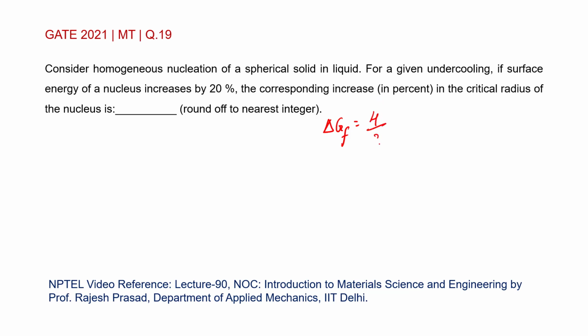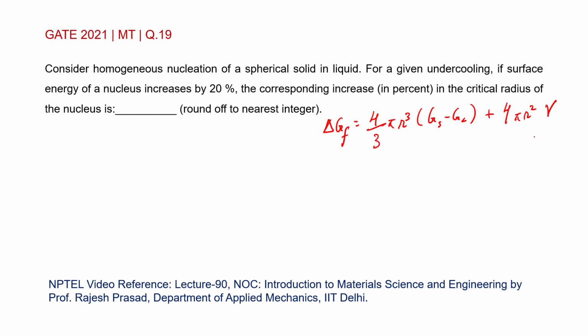Since our solid is spherical, the volume of the sphere is 4 by 3 pi r cube times (GS minus GL), where GS and GL are the solid and liquid free energy per unit volume, plus 4 pi r square gamma, where 4 pi r square is the surface area of the sphere and gamma is the surface energy per unit area of the solid-liquid interface.